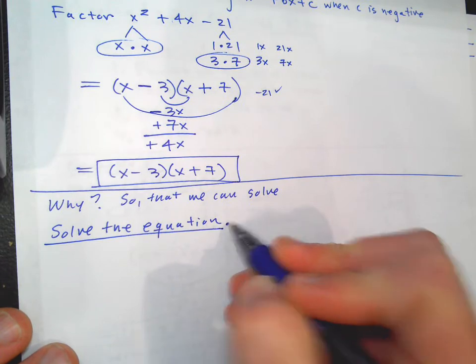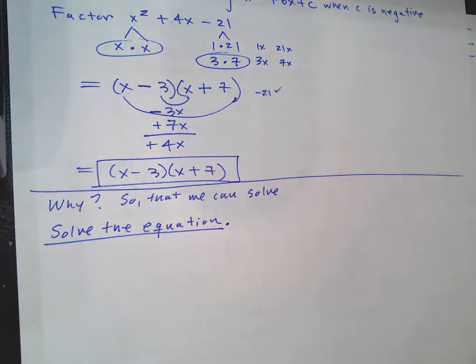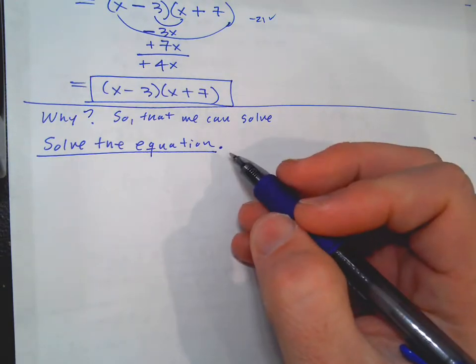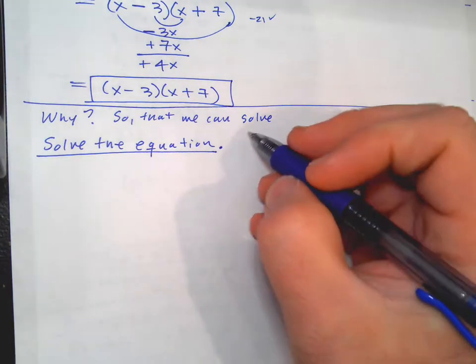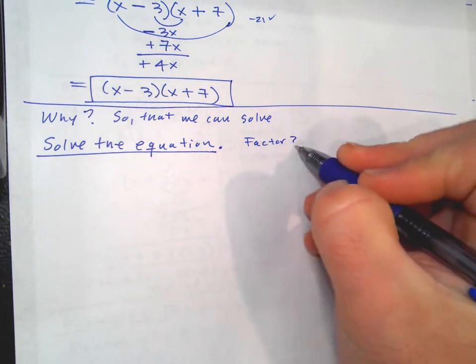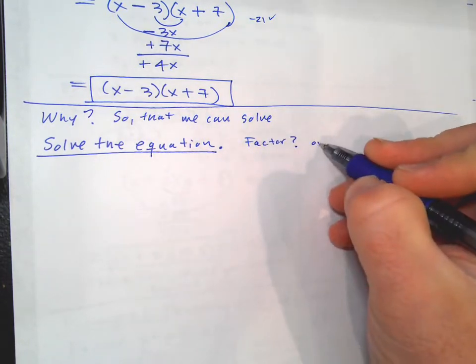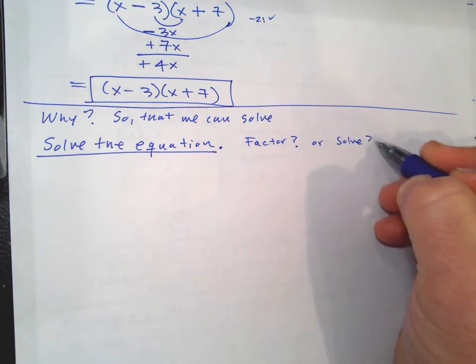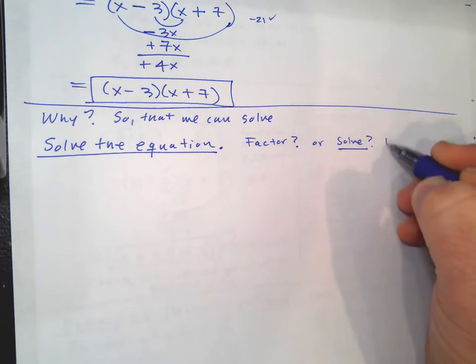Now, some of you are going to get confused and do the wrong thing. You're going to go too far, or you're not going to go far enough. So how do we decide? Do we just factor it and that's it? Or do we solve it? Or do we factor and solve it?